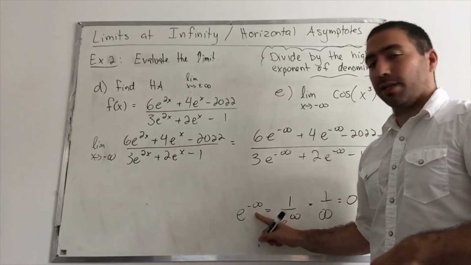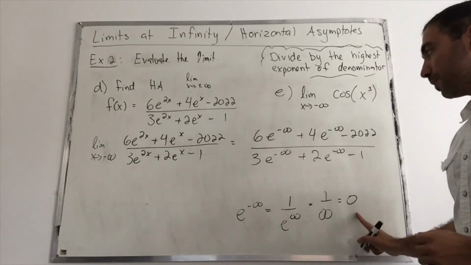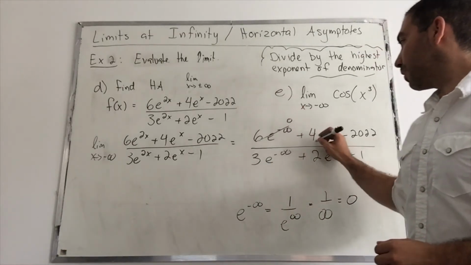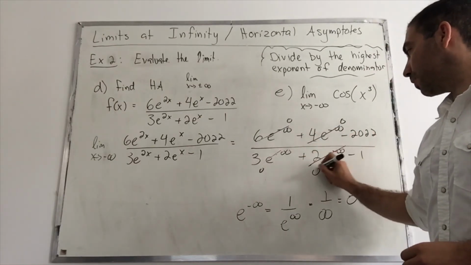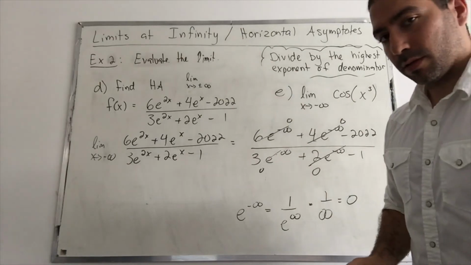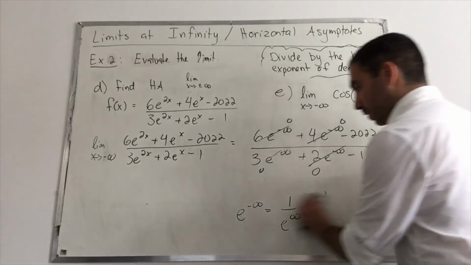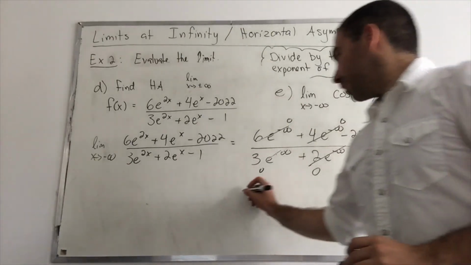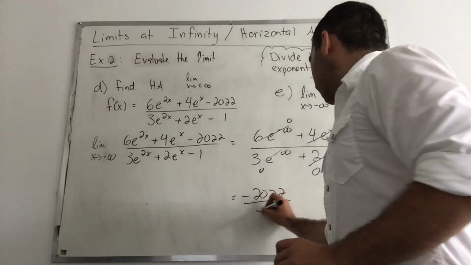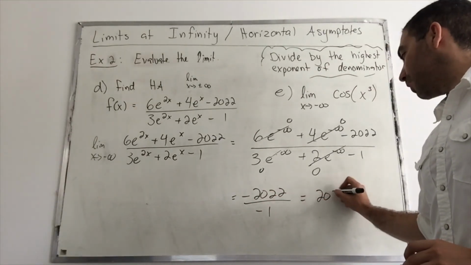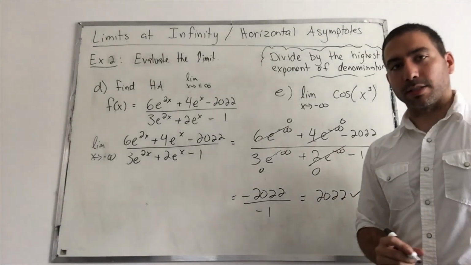So e to the negative infinity is essentially 0. So this goes to 0, this goes to 0, this goes to 0, and this goes to 0. Leaving us with negative 2022 over negative 1, which is just 2022. And that's the answer.